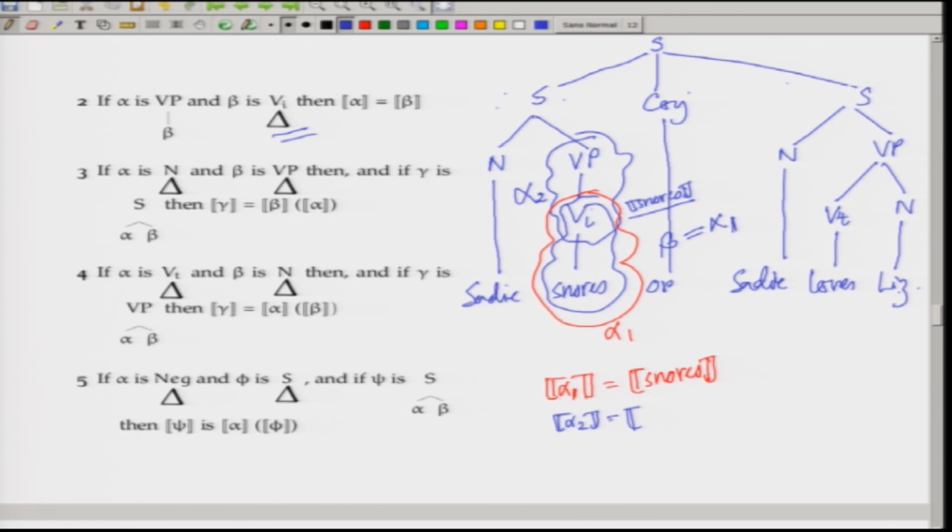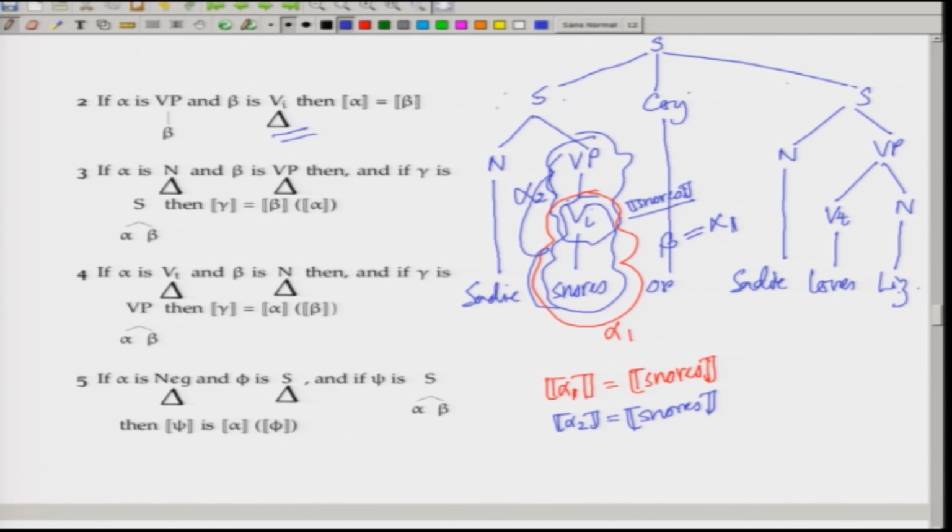So the reference of alpha 2 will be once again snores, because already it has travelled up. So snores travels, not snows, actually the reference of it has already travelled from here to there and then to there. So this is the travelling path, right.